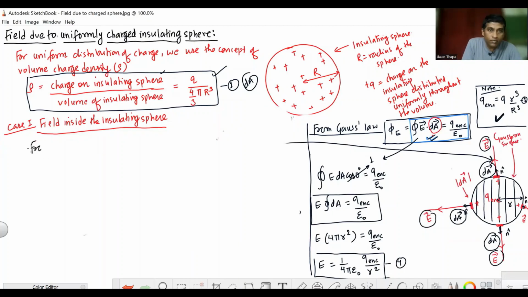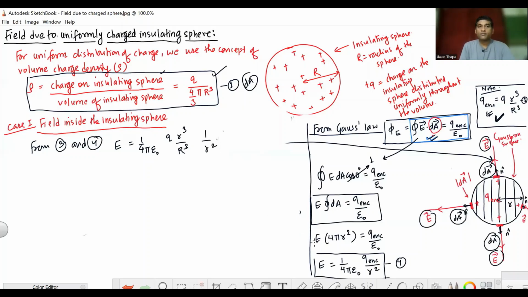Now from 3 and 4, we are going to put charge inside Gaussian surface, from equation 3 in equation 4. So we get E equals 1 by 4 pi epsilon naught, and we have Q enc, that is Q small r power 3 by capital R power 3, and we have 1 by r square.